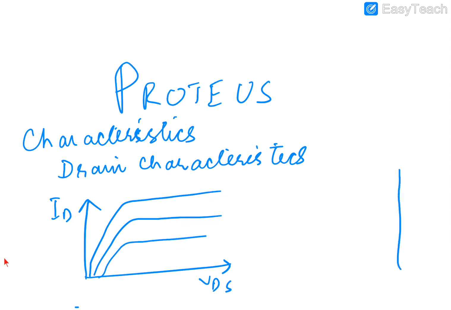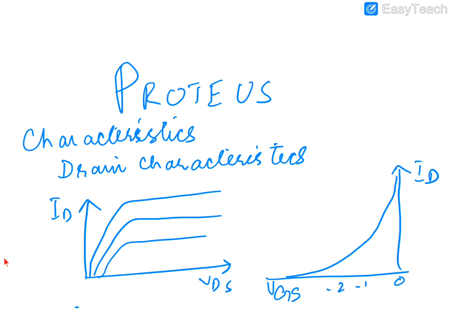And transfer characteristics are between ID and VGS, and the graph is a parabolic curve. The value of VGS will be negative and VDS is positive. 6, 8, 10. So ID is in milliamperes.